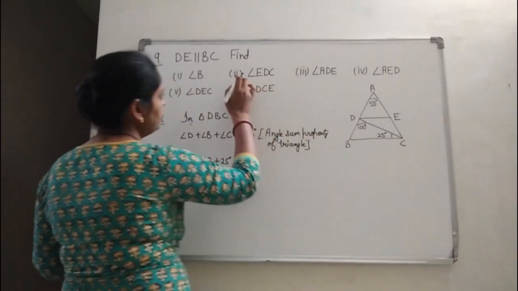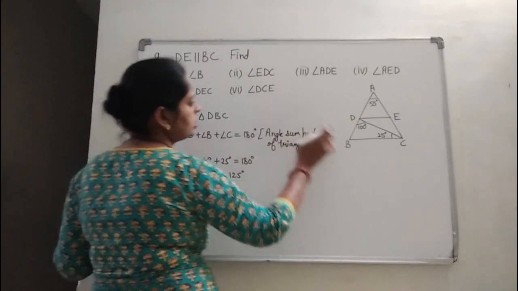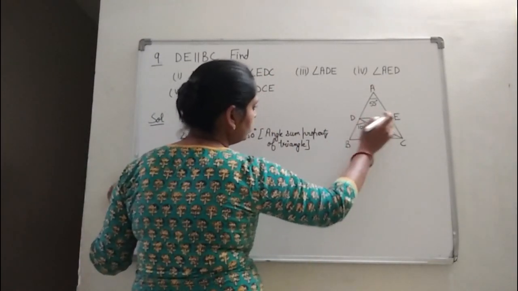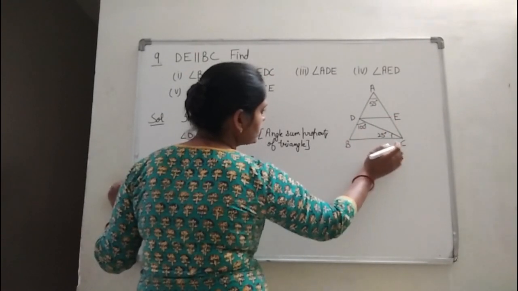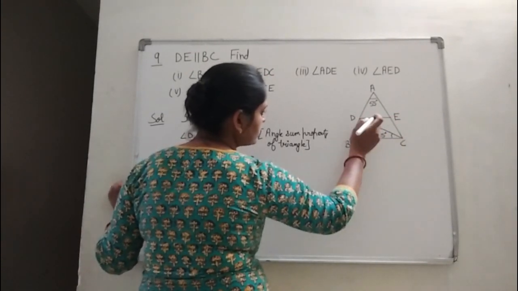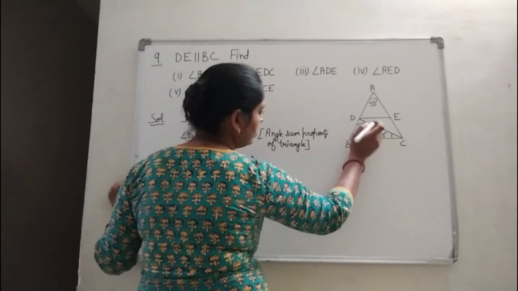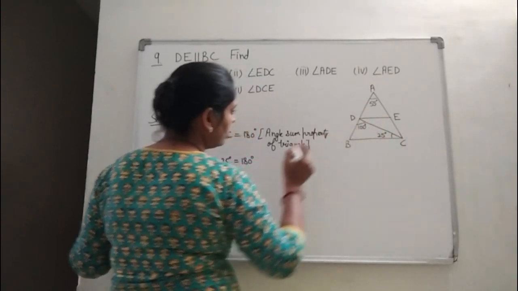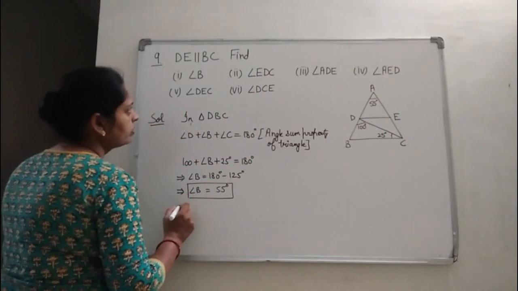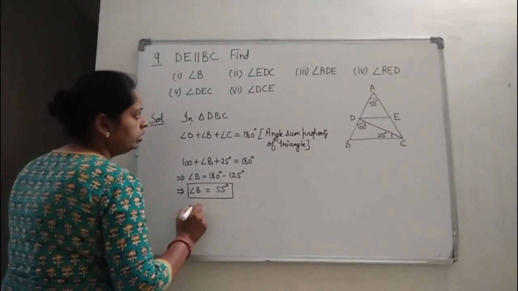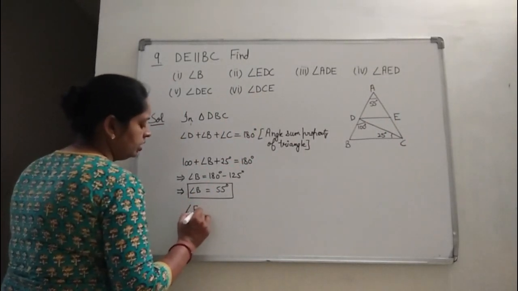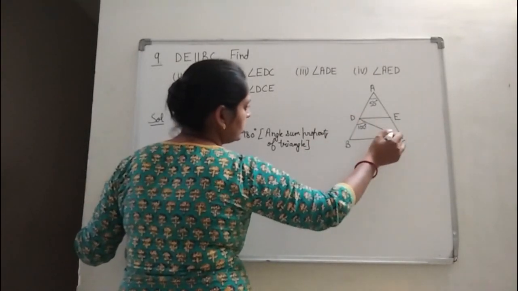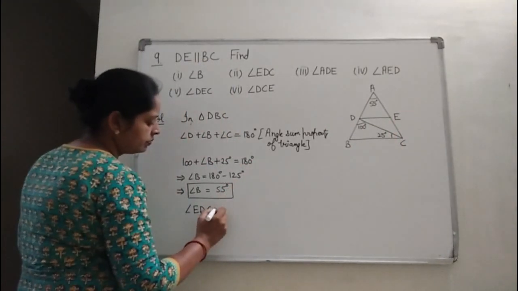Right? Now the second part they are asking for angle EDC. EDC, this angle. As we know that DE is parallel to BC, then DC is a transversal. So this 25 degree angle and this angle EDC will be alternate angles. So angle EDC will be equal to 25 degrees.